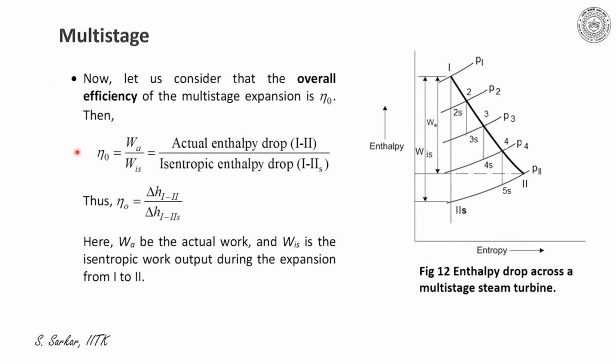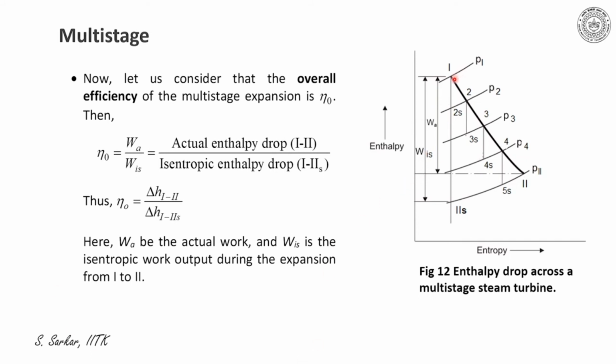Then eta 0 can be expressed as the actual enthalpy drop during the process 1-2 divided by the isentropic enthalpy drop during the process 1-2s, which can also be expressed as WA divided by WIS, where WA is the actual work and WIS is the isentropic work during the expansion process 1-2.